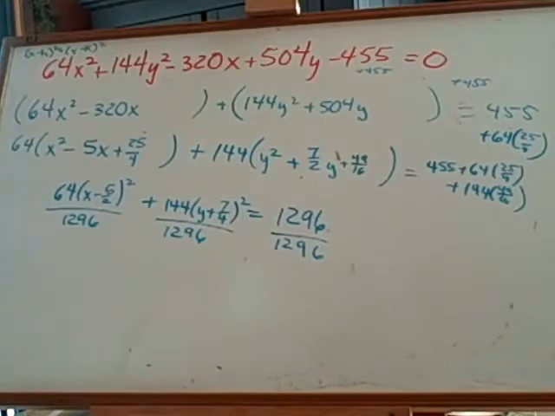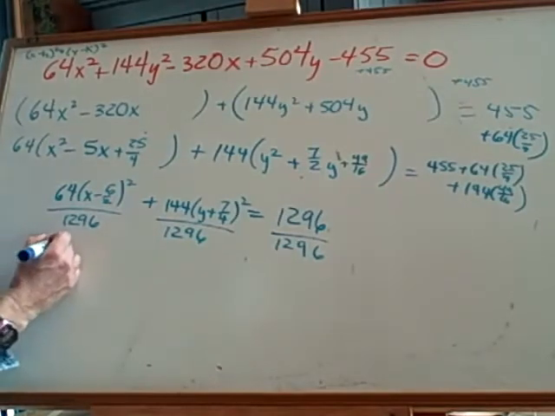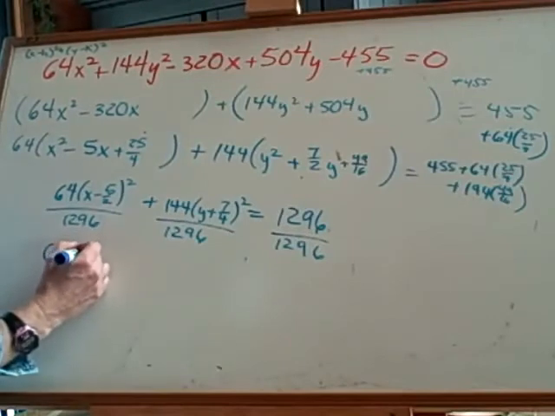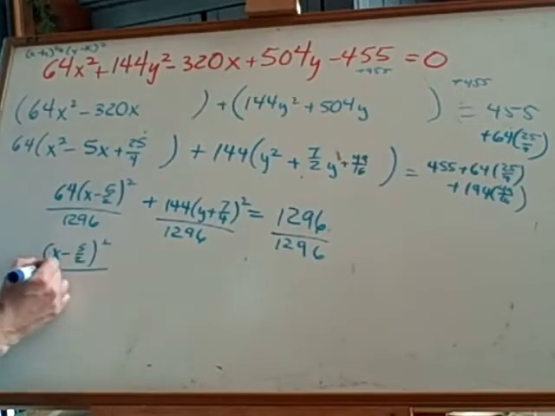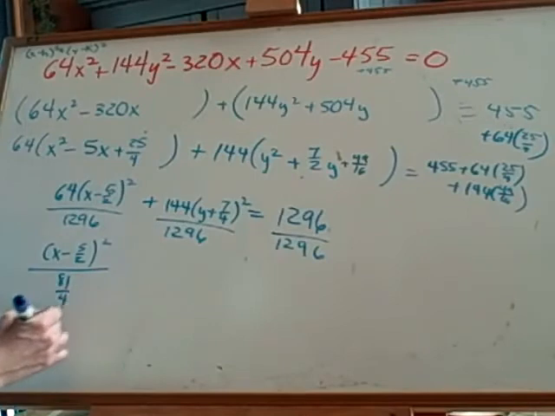And so 1296 divided by 64 gives me 0.25, but I want to write it as a fraction, so this is actually going to be x over 5/2 squared, and this is over 81/4.